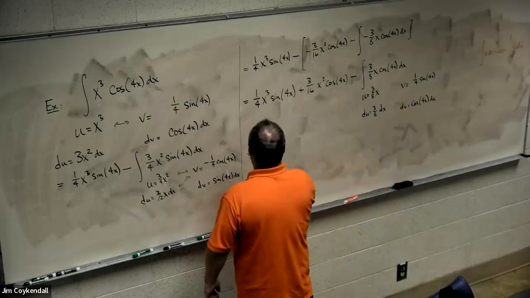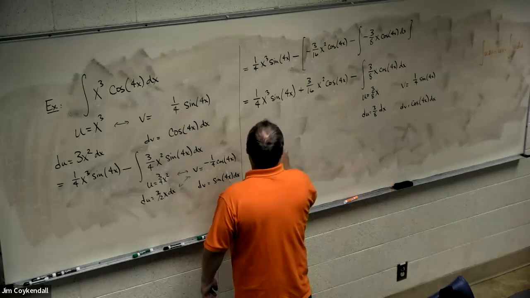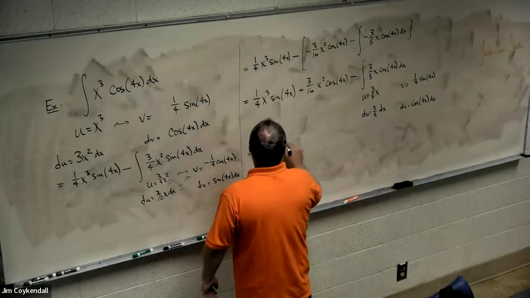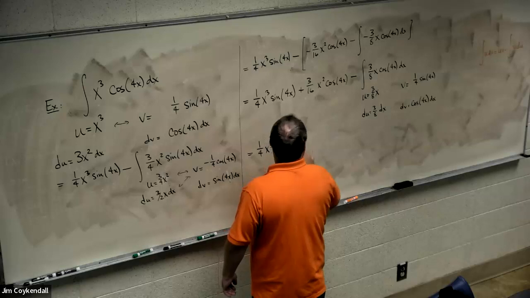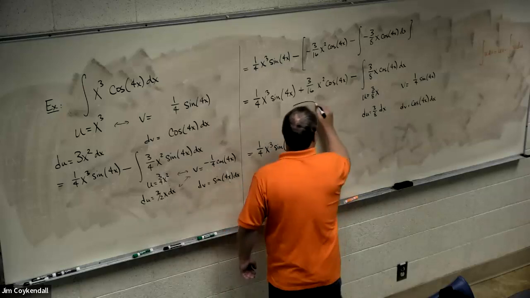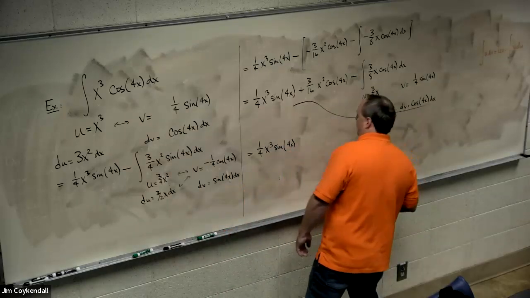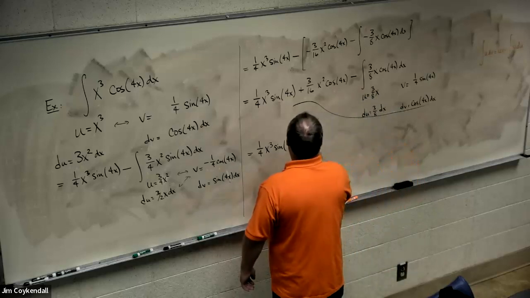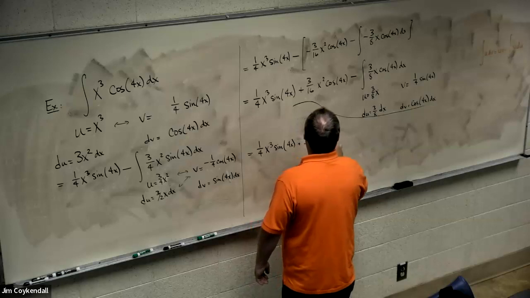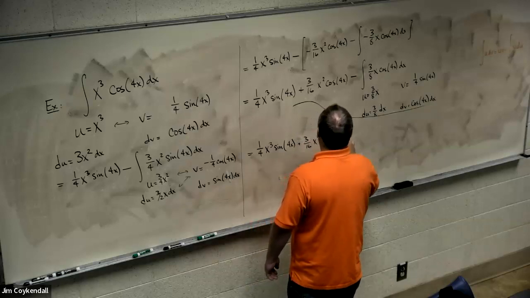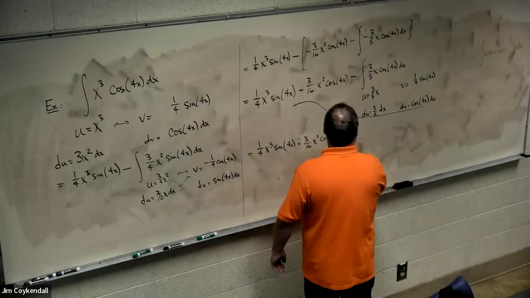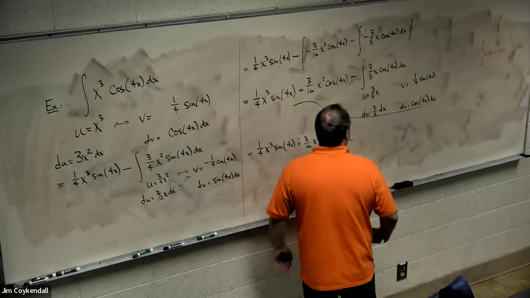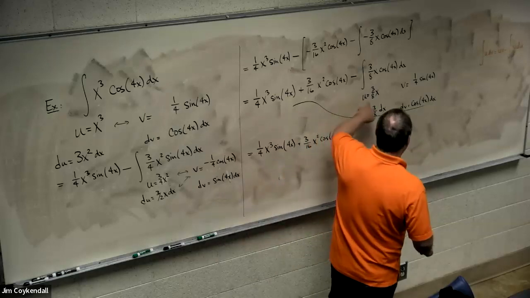So this is 1/4 x cubed sine 4x plus 3/16 x squared cosine 4x minus. Okay, so we've got this part again.